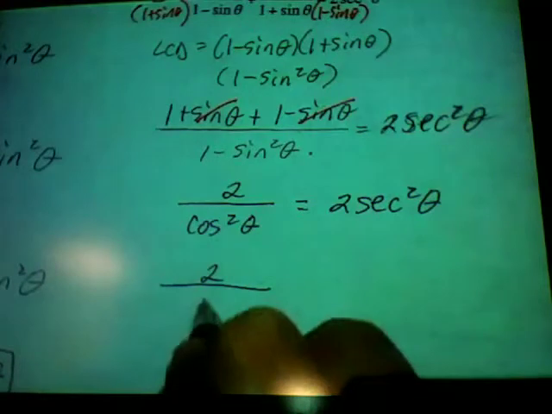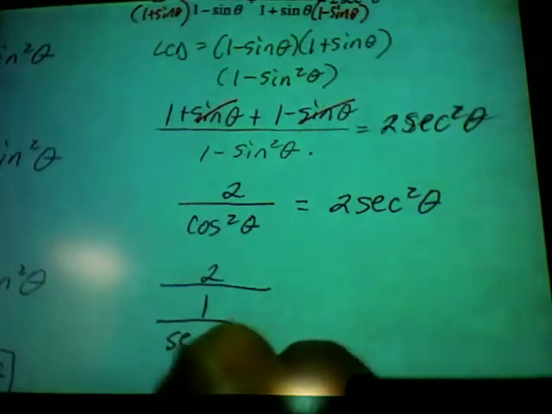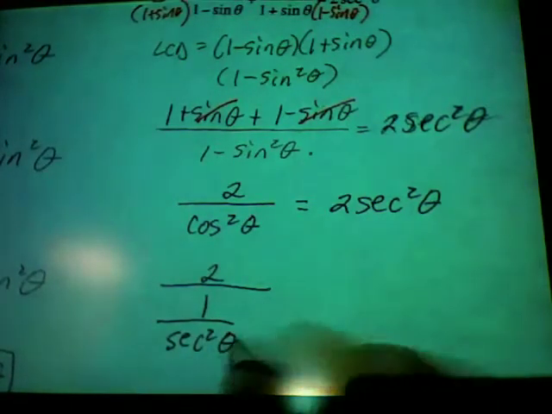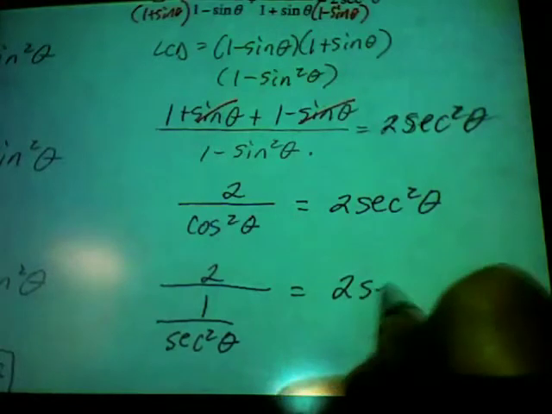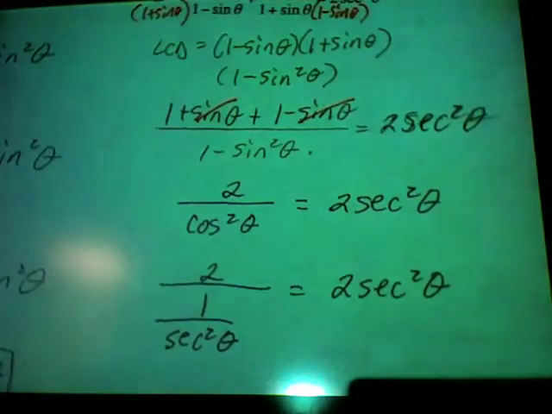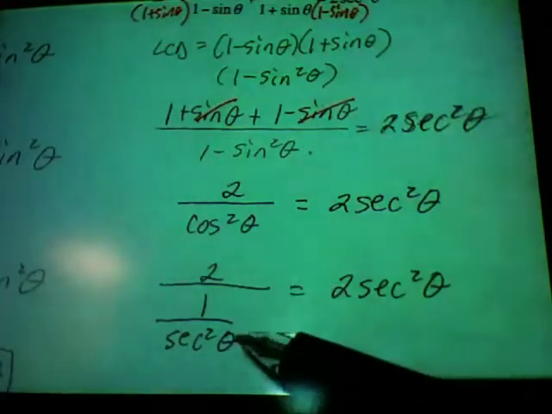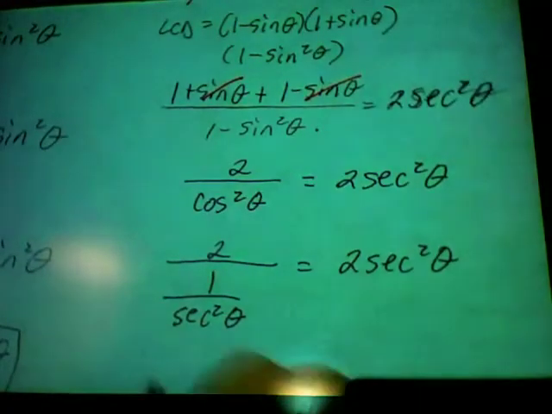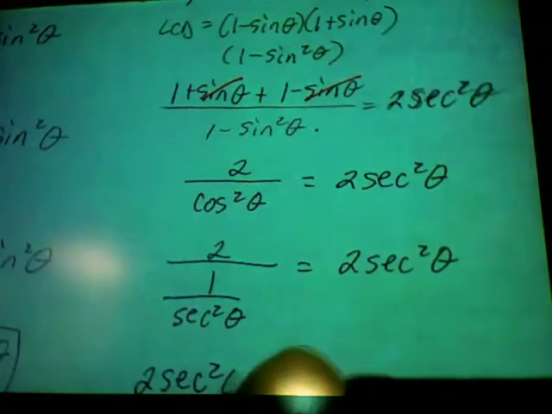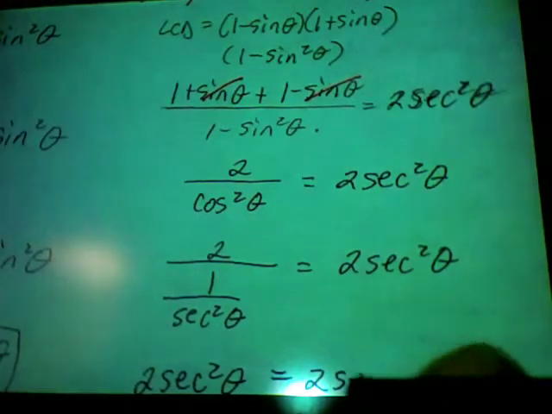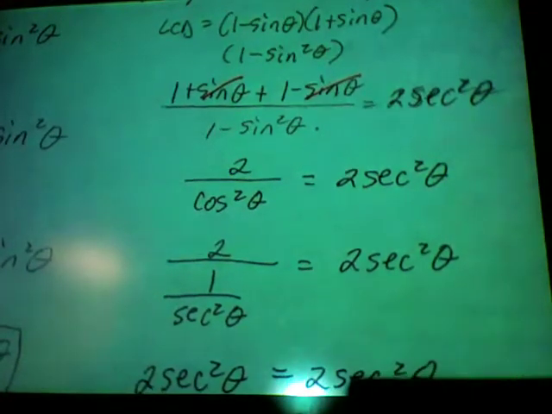Okay, so I'm going to say that it's 1 over secant squared of theta equals 2 secant squared of theta, so you can see why I'm doing what I'm doing, right? So then I'm going to take this and multiply it by its reciprocal. Don't I end up with what I'm looking for? 2 secant squared of theta is equal to 2 secant squared of theta.